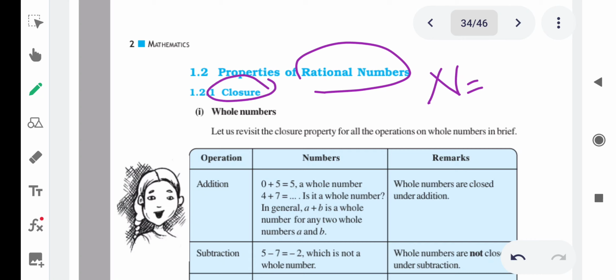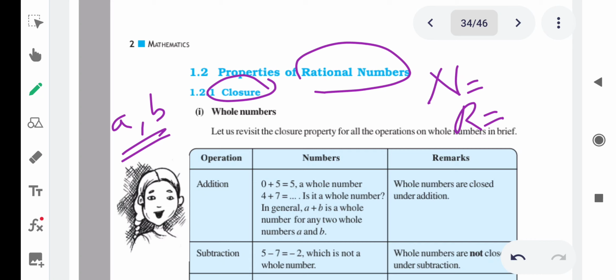Closure property means, suppose it's a set. Actually natural numbers is a set, rational numbers is a set, integers is a set. So closure property means, suppose I take any two elements, say a, b, from a set, then if I add these two, I should get one more number, because if you add two numbers, you'll get another number.